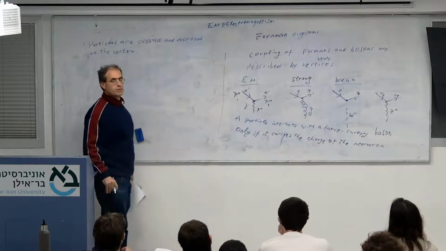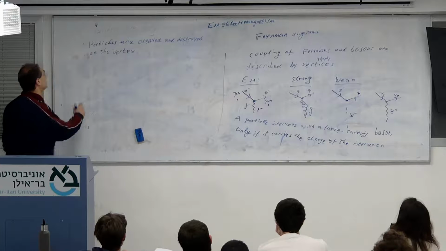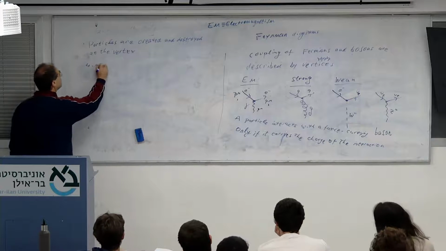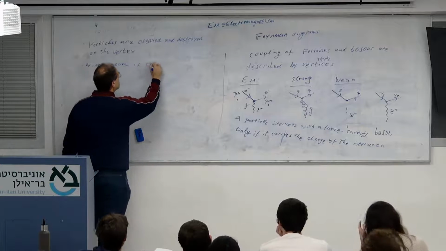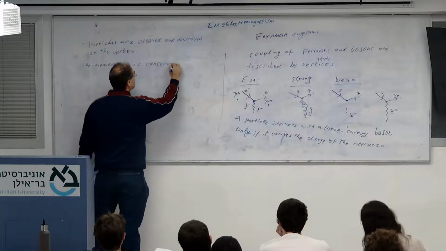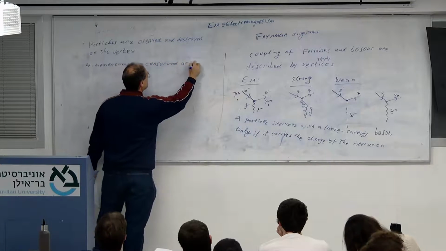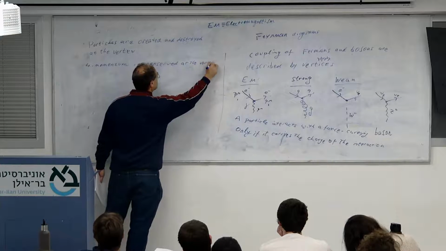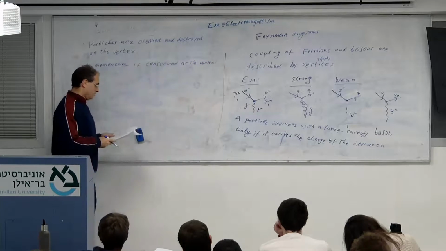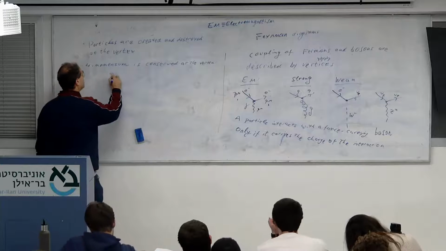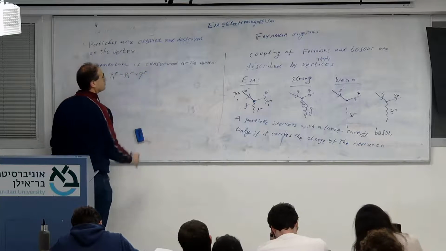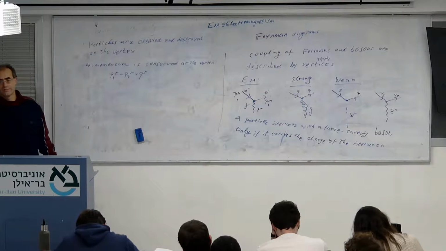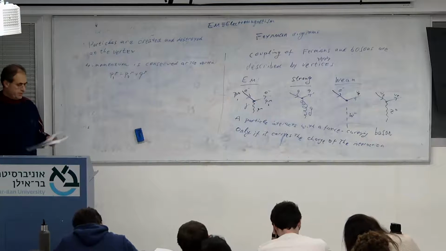Since the four-momentum is conserved at the vertex, that means that p1 mu is p2 mu plus q mu. Always. Which makes it very easy to do calculations.